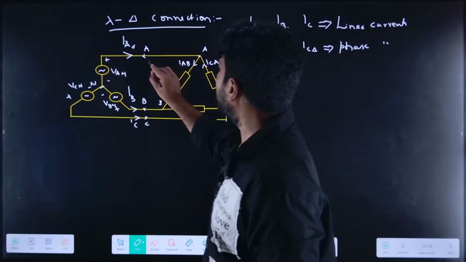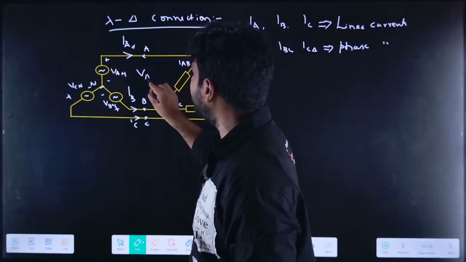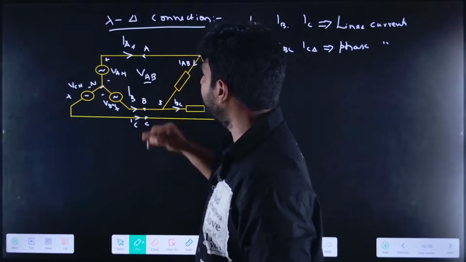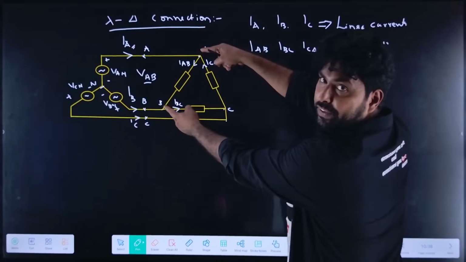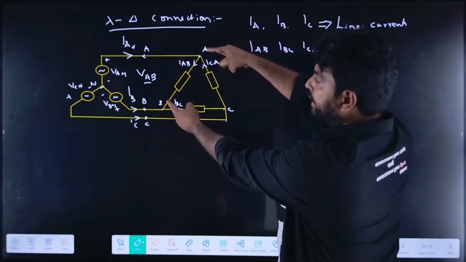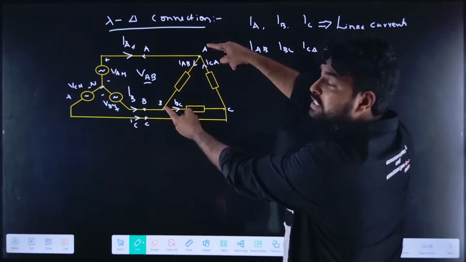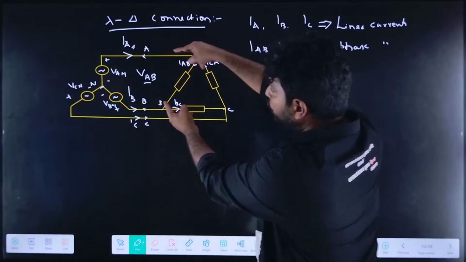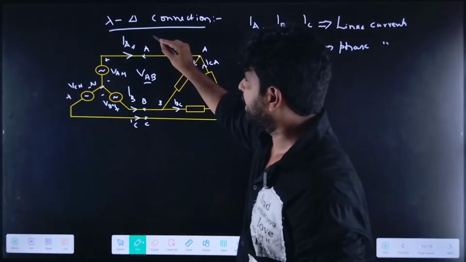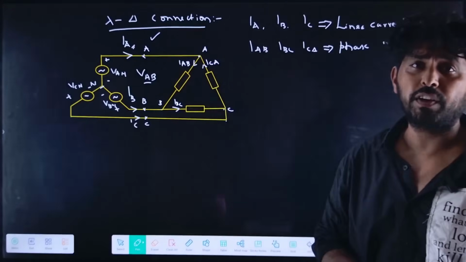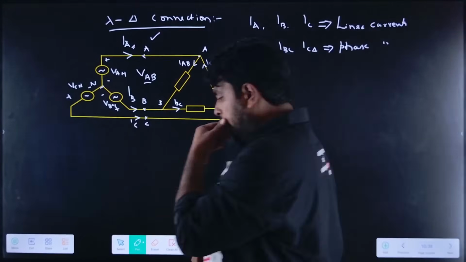If you take this AB phase in the delta connection, what is the voltage applied across it? VAB is applied from the star connection.